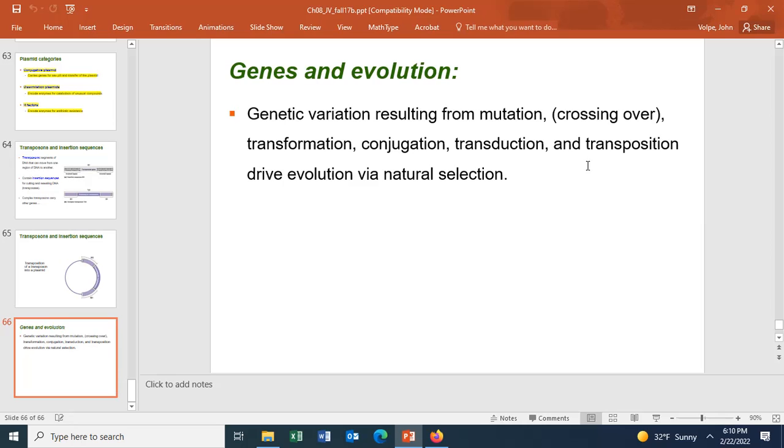Meaning if a gene is beneficial to the individual in the species, in this population, that will be selected for, and that population will increase in that genetic variation. And that is evolution. Any question about any of that?